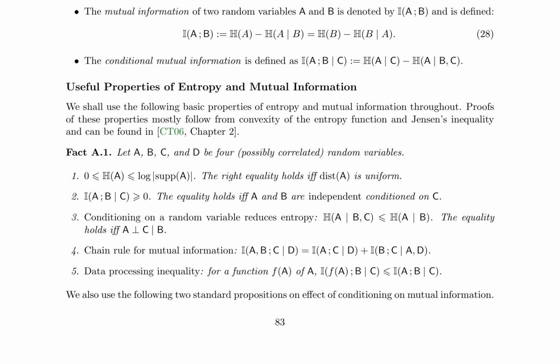The mutual information between A and B is defined as I(A;B) equals H(A) minus H(A | B), which equals H(B) minus H(B | A), quantifying the amount of information that A contains about B. Several useful properties of entropy and mutual information are presented, including non-negativity of entropy, non-negativity of conditional mutual information, and the data processing inequality.